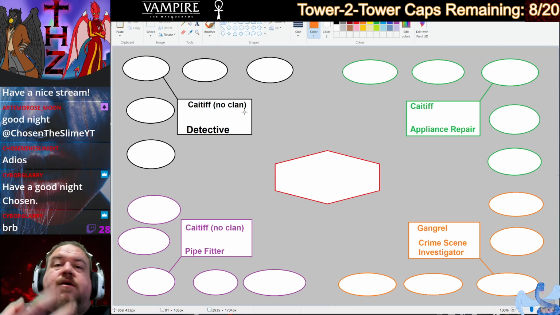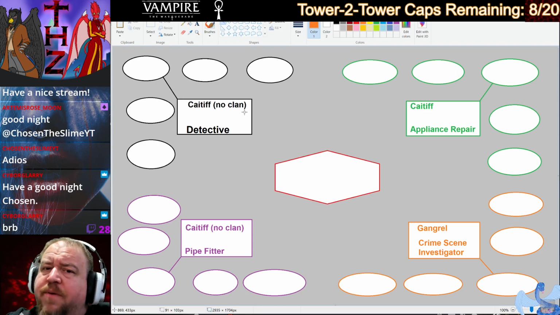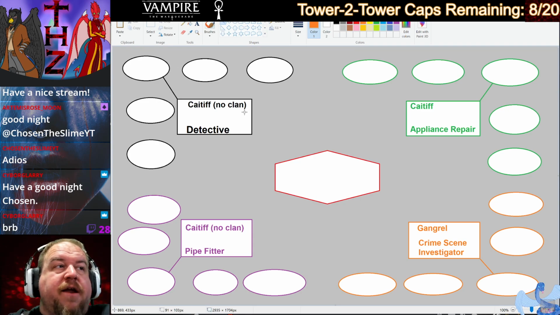But we are a product of another vampire. We didn't just wake up one night like this, though that could be an interesting way to run vampire as well, and could be worth exploring.